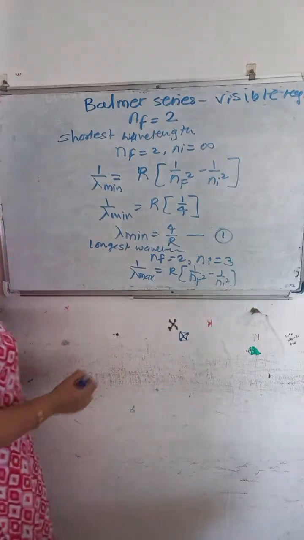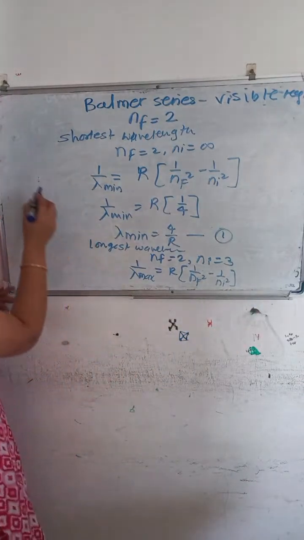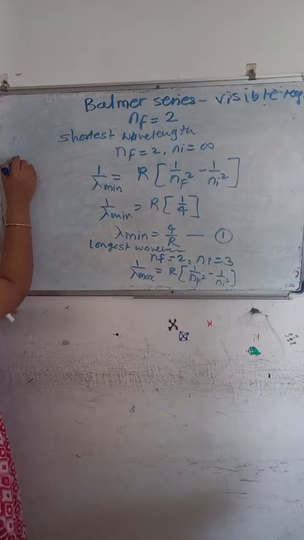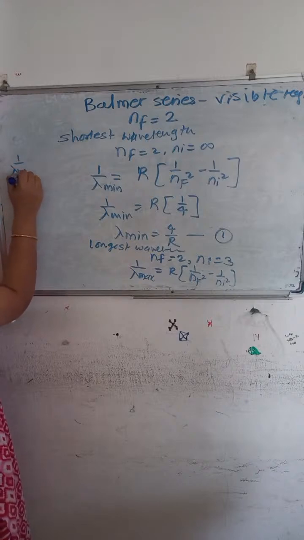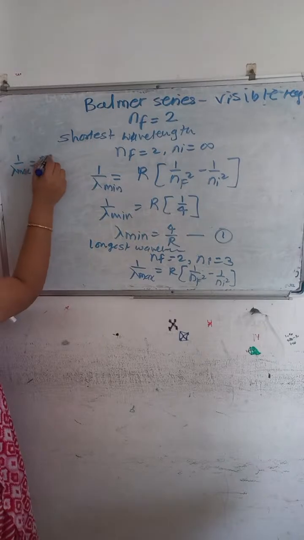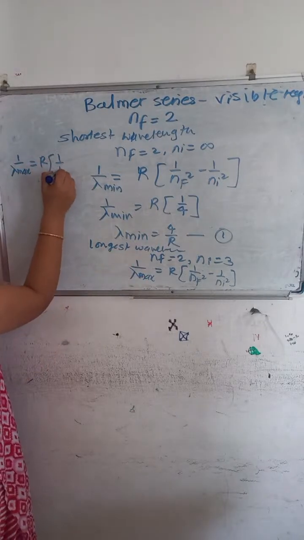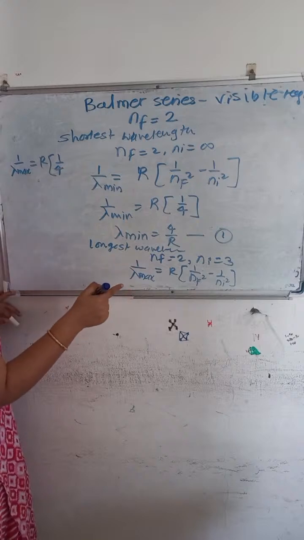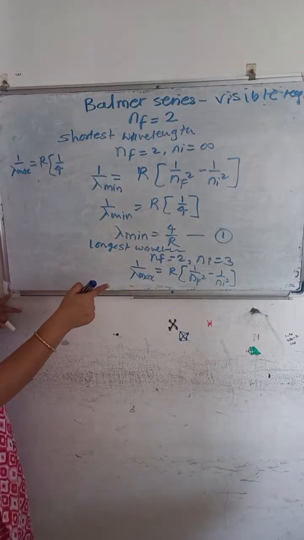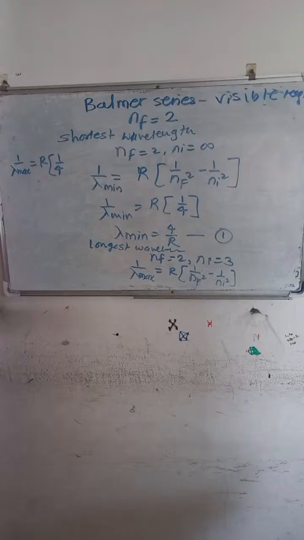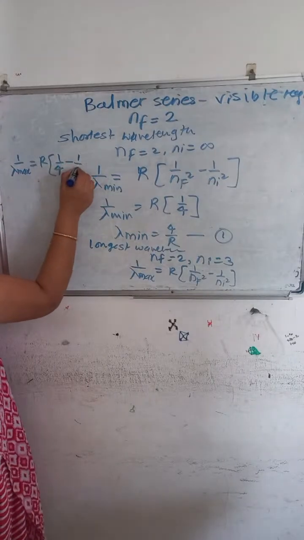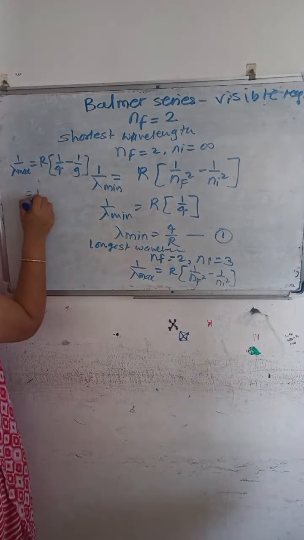Substitute the values: 1 upon lambda max is R times 1 by 2 square, that is 1 by 4, minus 1 by 9, since ni is 3.